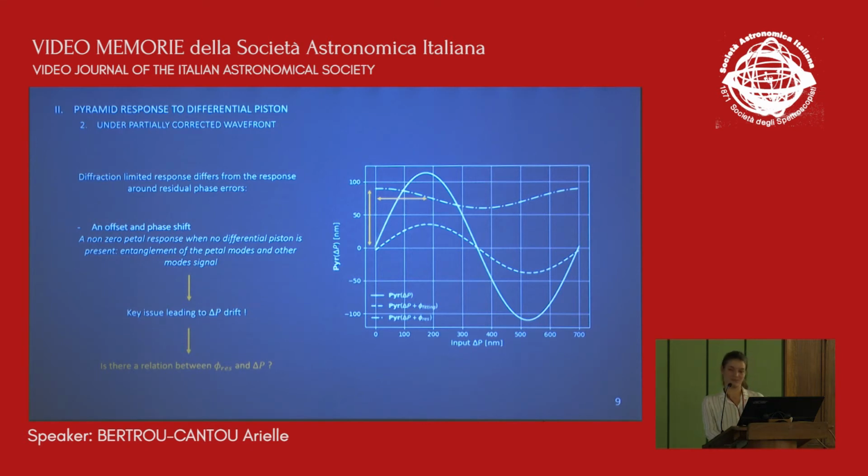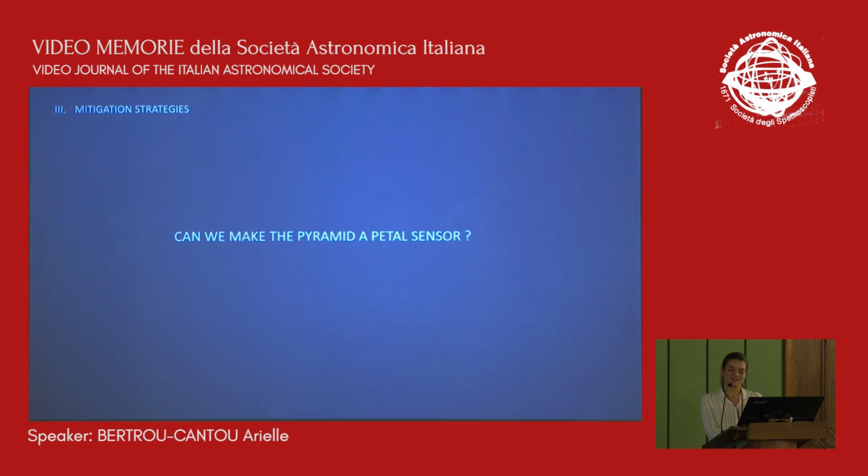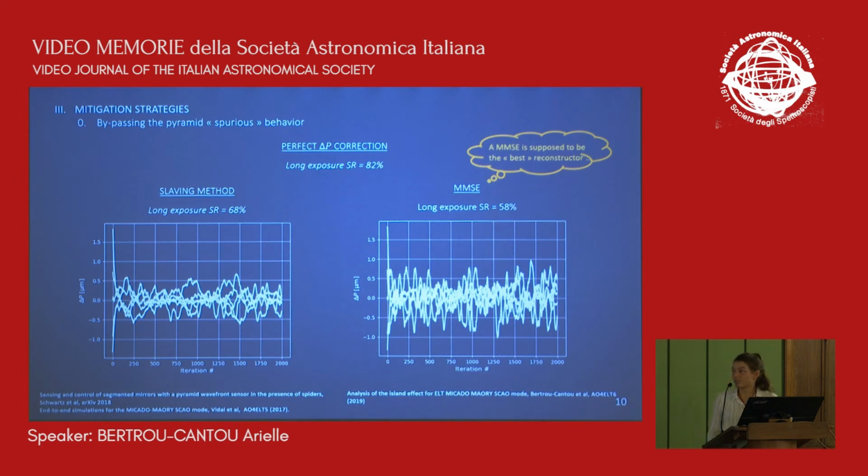And yes, we will move on to the mitigation strategies. So first, I wanted to ask in this talk how to optimize the pyramid to make it a robust petal sensor, but it turns out the question is more, can we make the pyramid a petal sensor? Previously, some strategies have been implemented to deal with this effect, which is the slaving method.